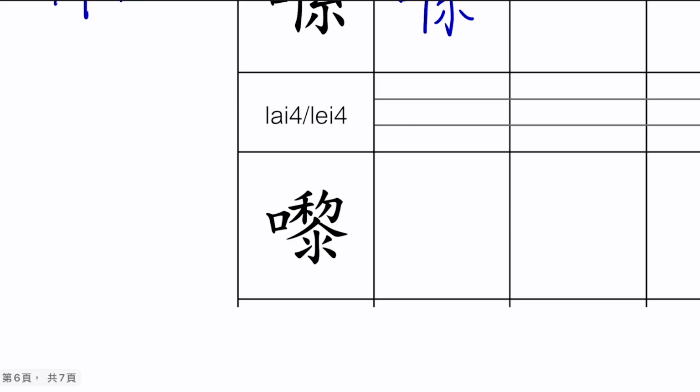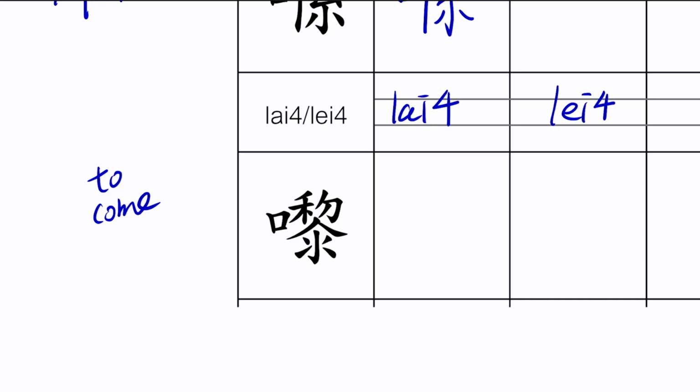Last one, 嚟, it means to come. L-A-I 4, it is read as 嚟, or you can also say L-E-I 4 嚟.